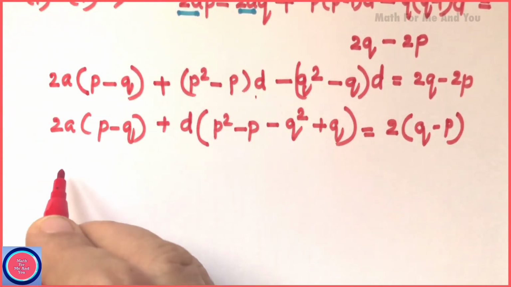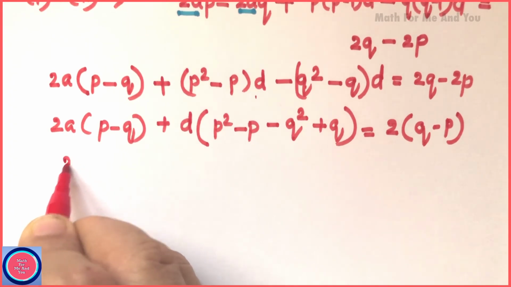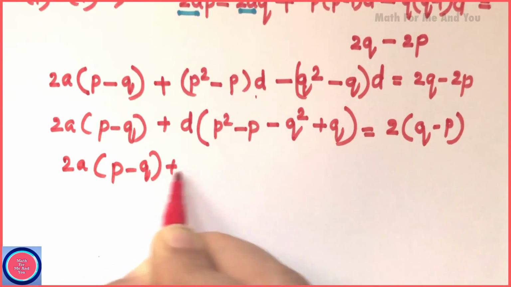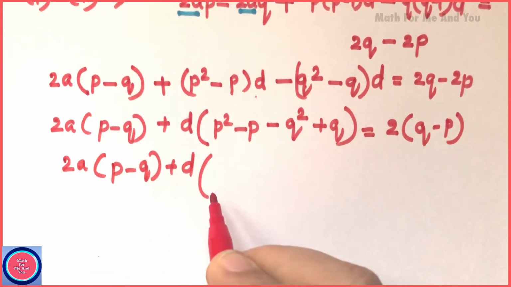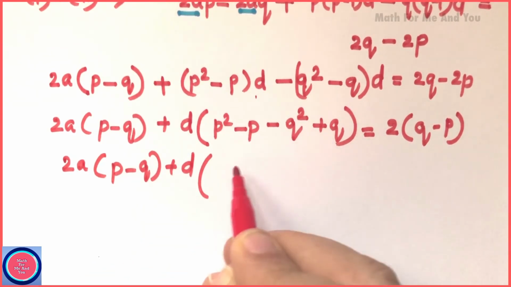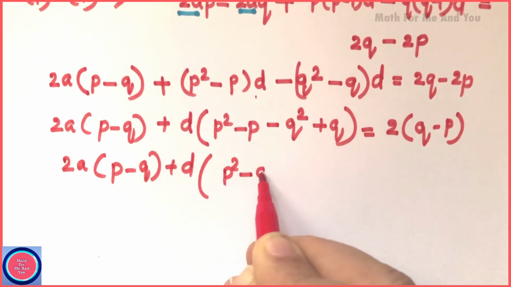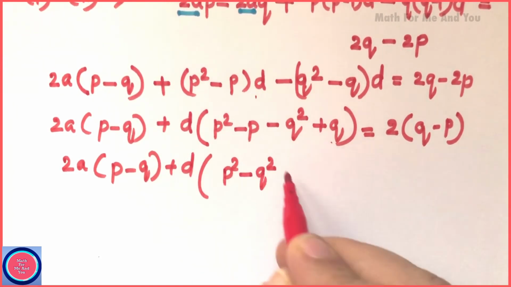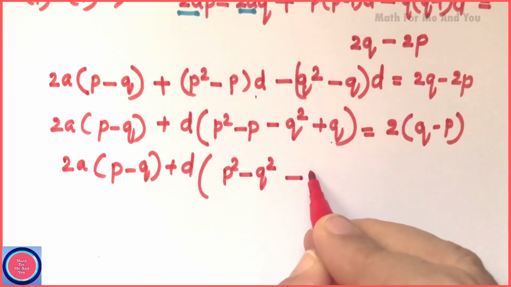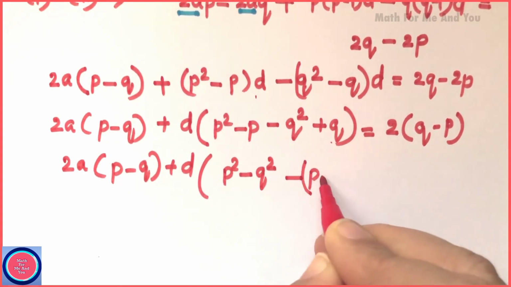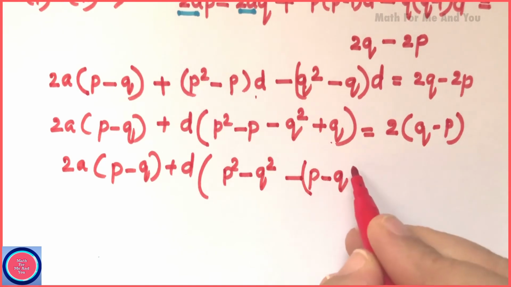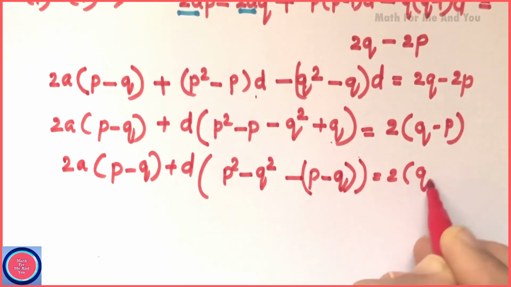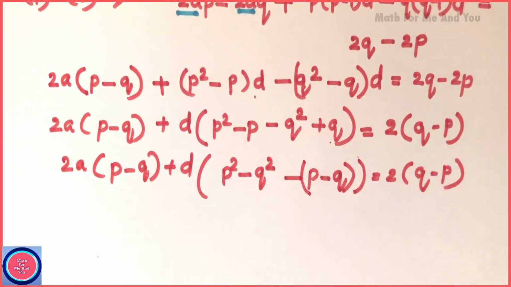Again we write 2a times (p minus q) without any change. Now d times, inside the bracket we collect the square terms first, p square minus q square, then minus p and plus q we write after that. So we write minus p, then take minus outside, we get minus (p minus q). 2 times (q minus p) on the right side.